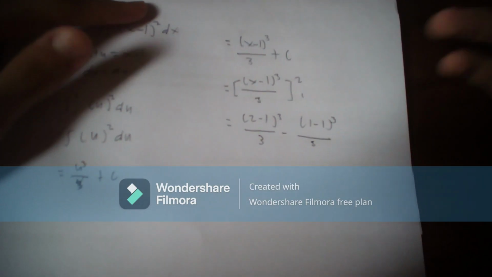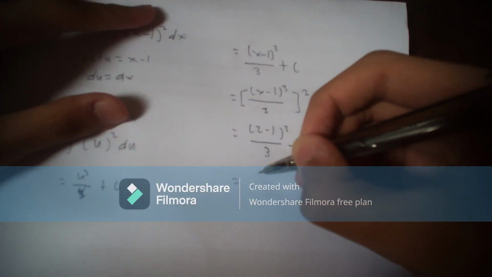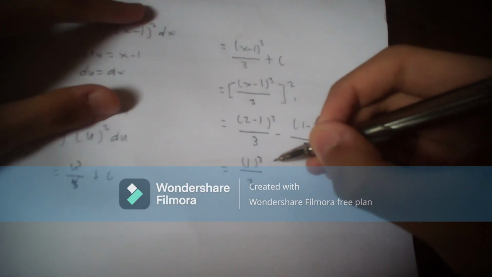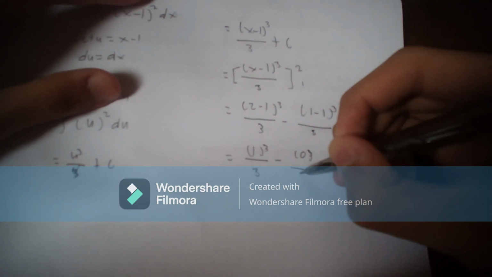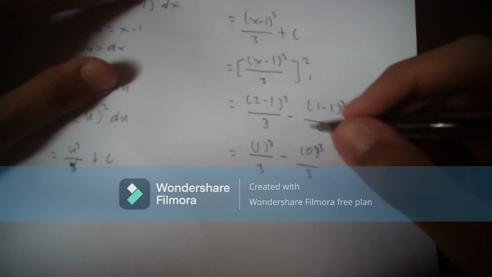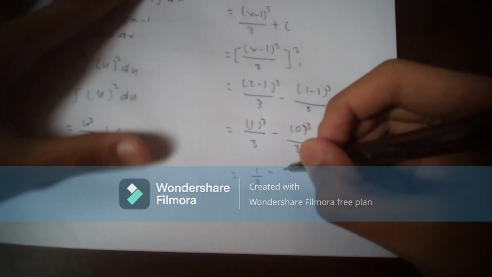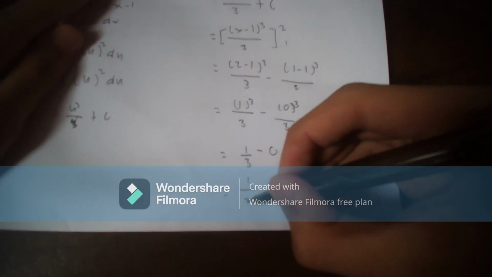Now we simplify. This turns into 1 to the power of 3 over 3 minus this, and this one turns into 0 to the power of 3 over 3. Now we simplify further. For the final one, it's 1 over 3.